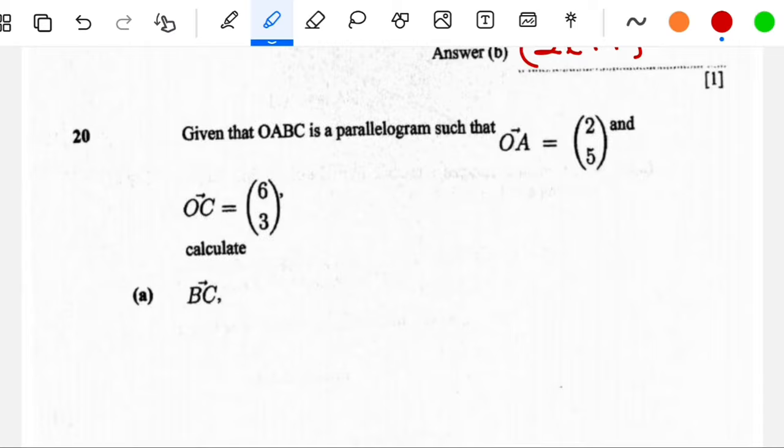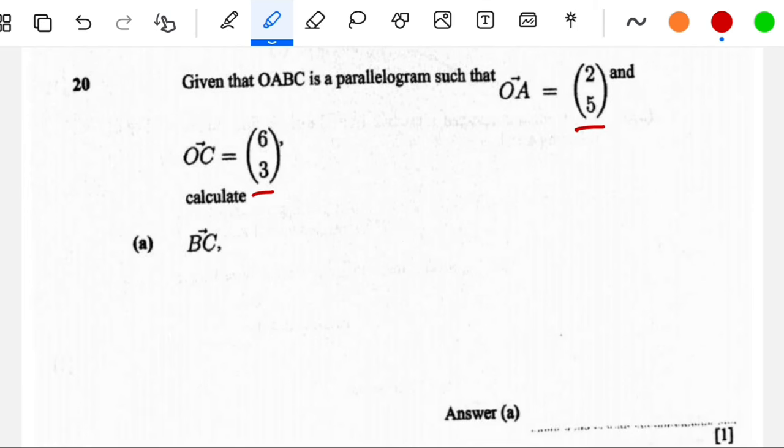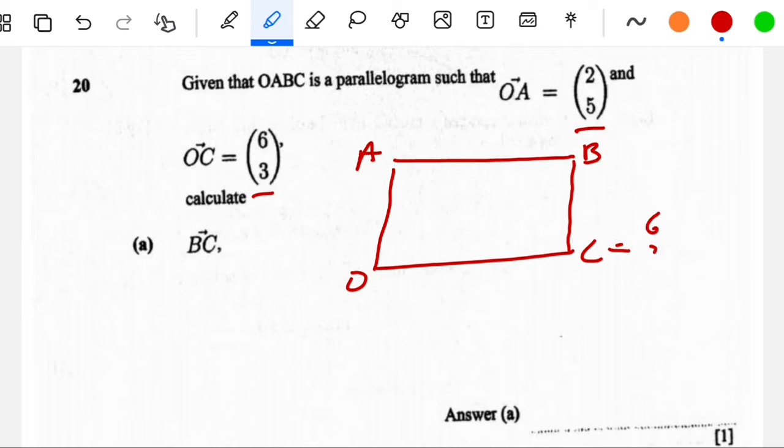Then moving on to number 20. Given that OABC is a parallelogram, OA is this one and OC is that one. Calculate BC. Okay, I need to try and sketch this parallelogram. So I've got O, A, B and C. Then I'm told that C is 6, 3.